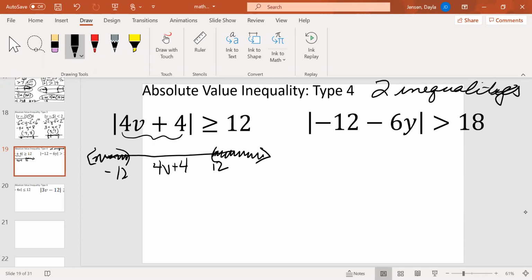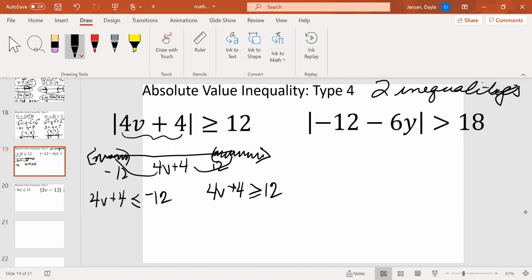So on this one, I'm going to have 4V plus 4 less than or equal to negative 12. And 4V plus 4 must be greater than or equal to positive 12 because I need it to be in these tails, not between.